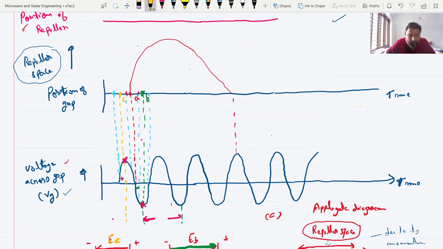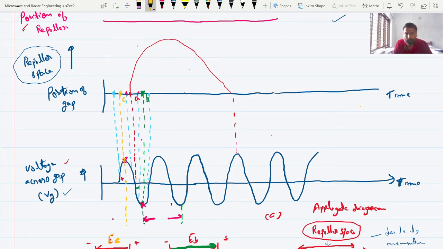I will take the electron C. This electron passes through the gap a quarter of the cycle before A, because C is coming before A. It will encounter a maximum positive voltage, and hence it will have maximum electric field EC across the gap.